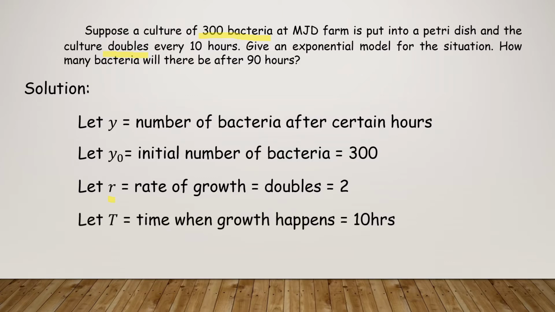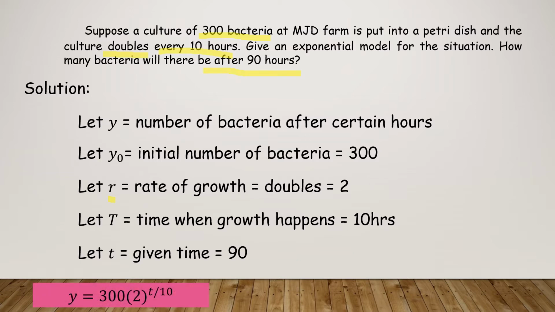So, let capital T be the time when growth happens. So, every ilan yung time bago nagdo-double, and that is every 10 hours. And let our small t be the given time, o yung hinahanap natin sa problem, which is the 90 hours.